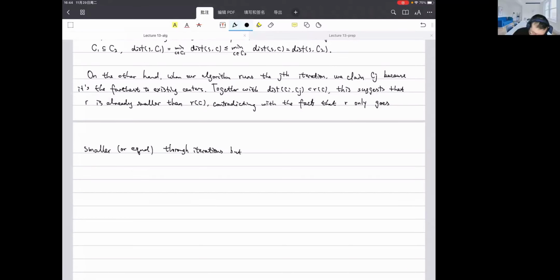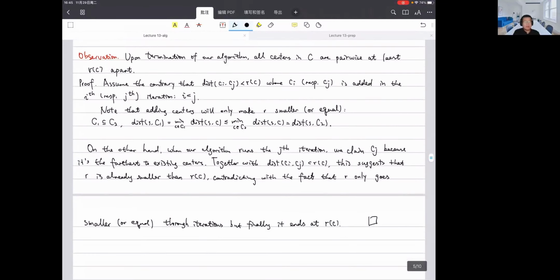But finally, it ends at RC. No contradiction. So this is just saying that all centers in C must be pairwise at least RC apart. Is there any question about the proof of this observation?